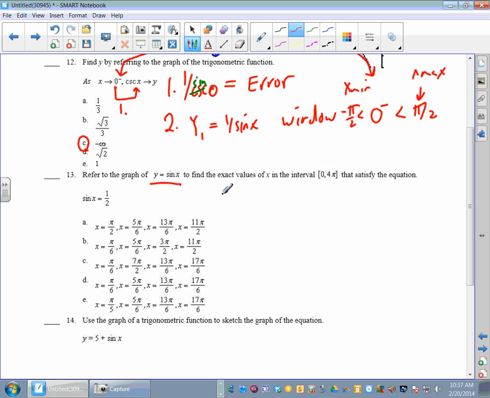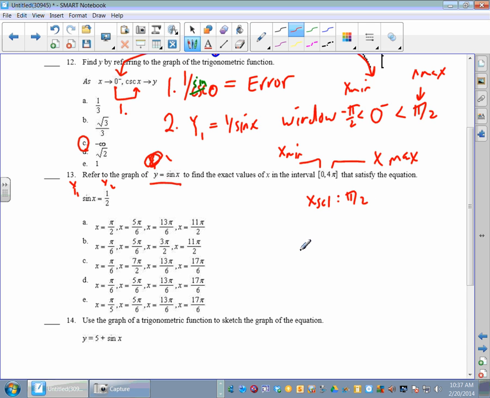So you want to do this on the calculator? Y1, Y2. What does this tell you? This 4 pi is your x maximum. This is your x minimum. What's your scale going to be?